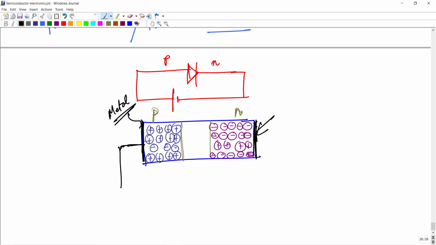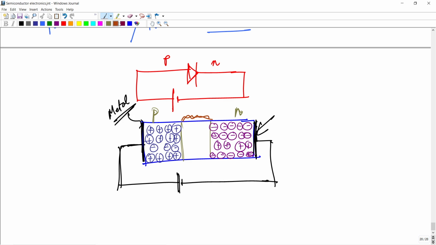Now you can consider there is a metal deposited, and the p terminal is connected to the positive terminal of the battery and n is connected to the negative terminal of the battery. This region is called the depletion region or space charge region.